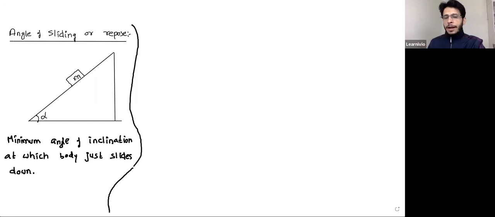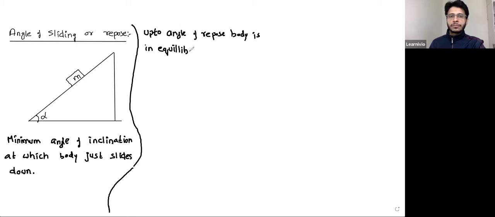So up to the angle of repose, the body is in equilibrium. Let's say for a rough surface, the angle of repose is 20 degrees. That means your body is at rest up to 20 degrees.